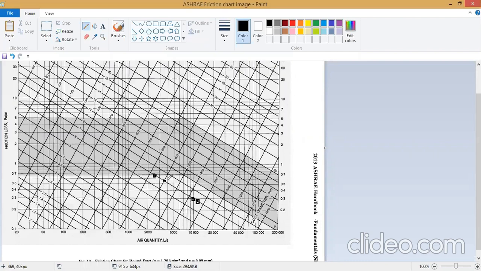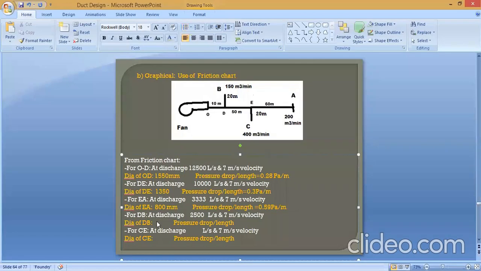You may take it as 0.69 Pascal per meter pressure drop, and the diameter comes to be, suppose, 700 mm. So 700 mm and 0.69 Pascal per meter.